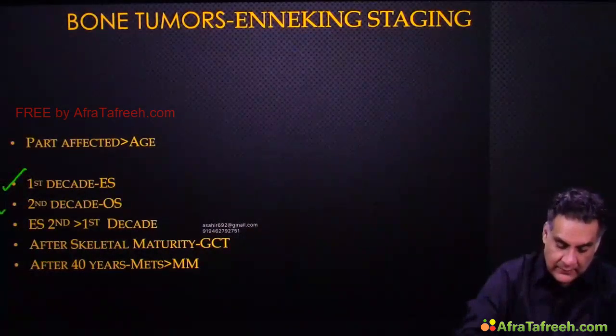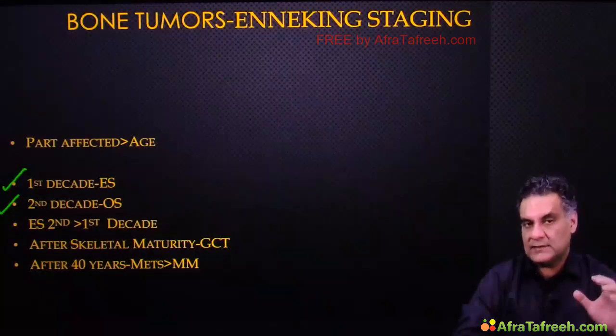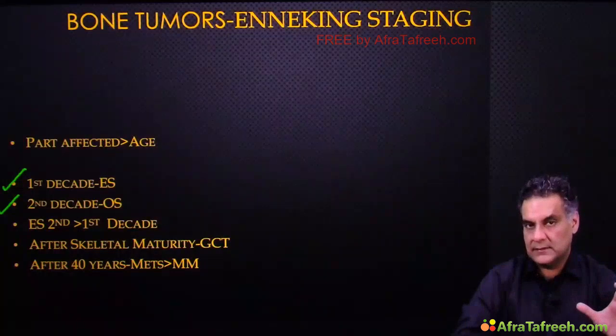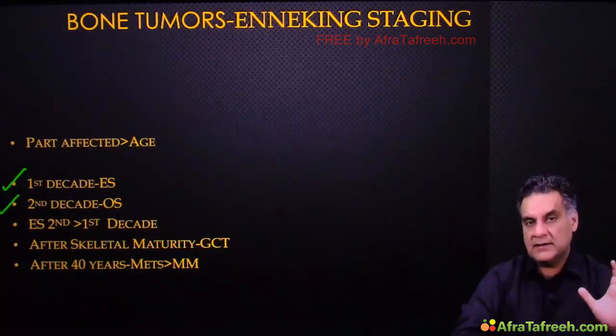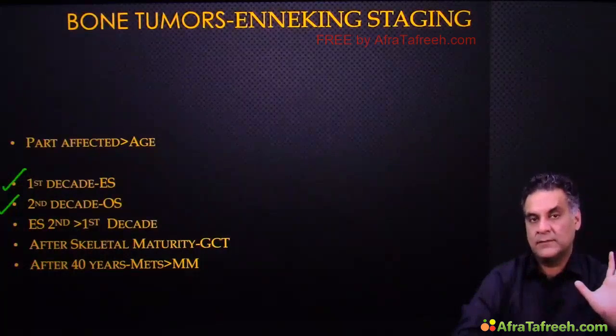Second decade, osteosarcoma. But there's a catch. If there are 10 tumors in the first decade, out of them 9 may be Ewings. Whereas if there are thousands of tumors, majority of them in the second decade, 800 to 900 will be osteosarcoma.